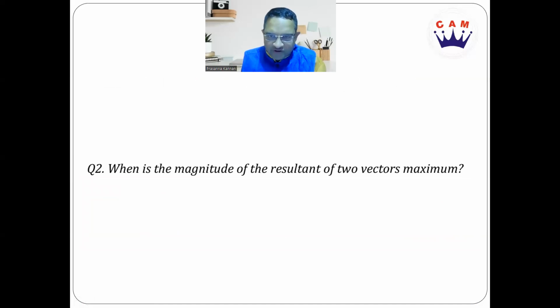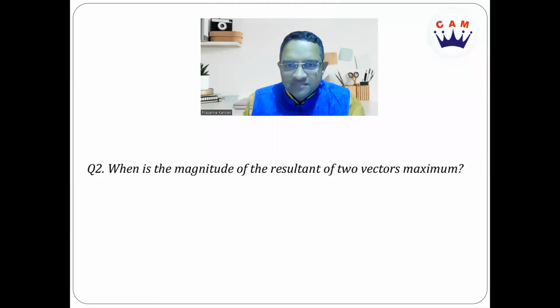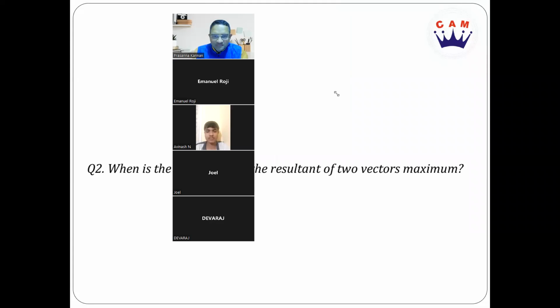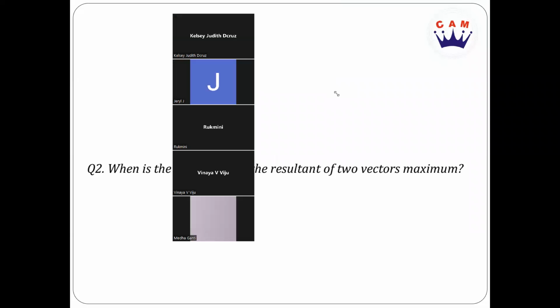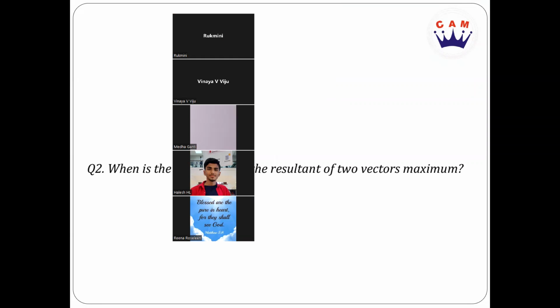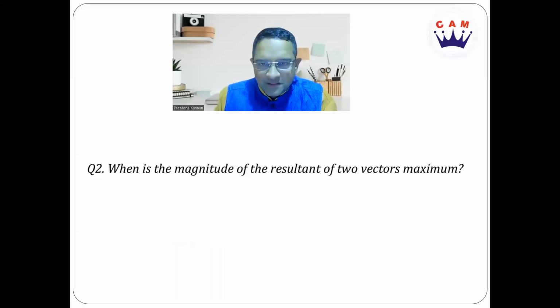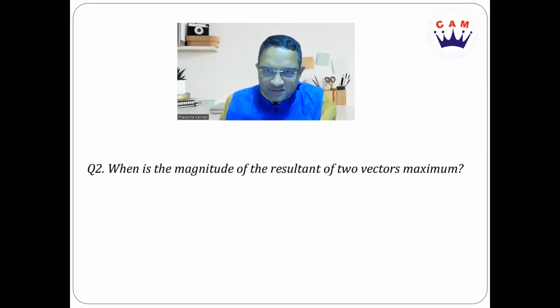When is the magnitude of the resultant of two vectors maximum? If two vectors are P and Q, then how do we write the magnitude of the resultant? Any guesses?